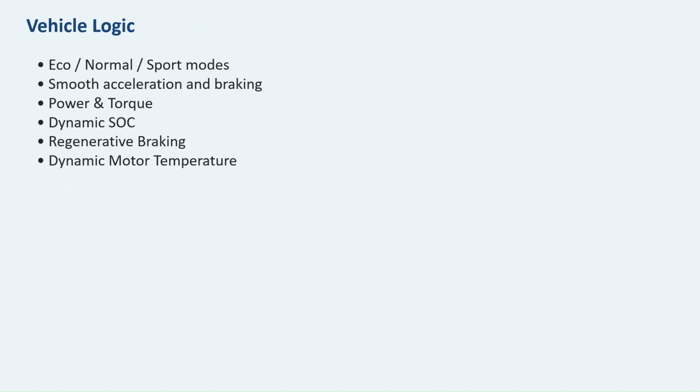This is the vehicle logic. There are three modes: eco, normal, and sport, which will change. You'll see how it changes by going to the code, and there is smooth acceleration and braking. That is, it won't just jump from a small value to a high value as we move the potentiometer, which we will see later. But it will have smooth acceleration, then power, torque, and dynamic behavior.